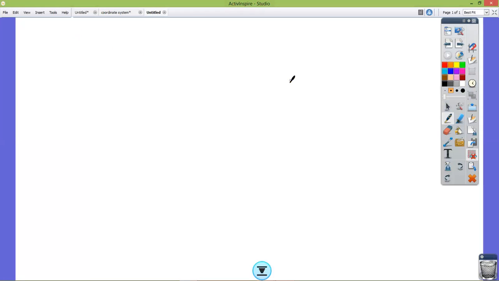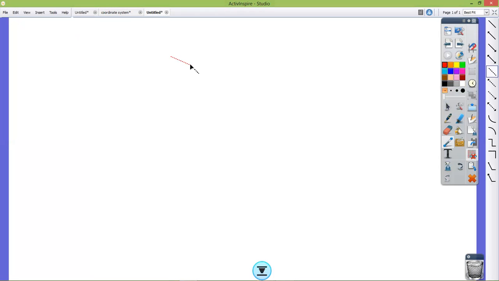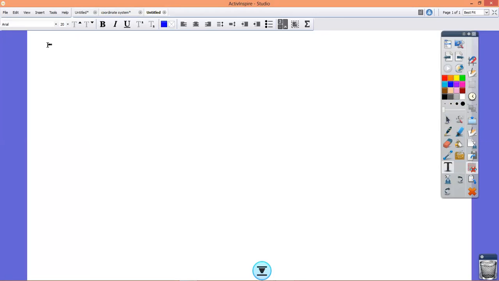Now here, let's say we have a line. We are trying to find the center of the rotation. Now how are we going to find this one? Okay, let's start.